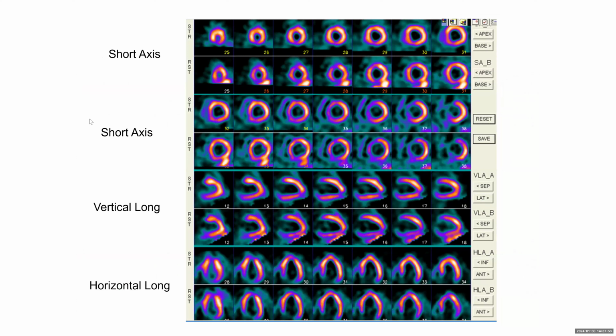So this is the last image. I just want someone to take over it and describe what you see. It's actually flipped, stress and then rest. Anyone?